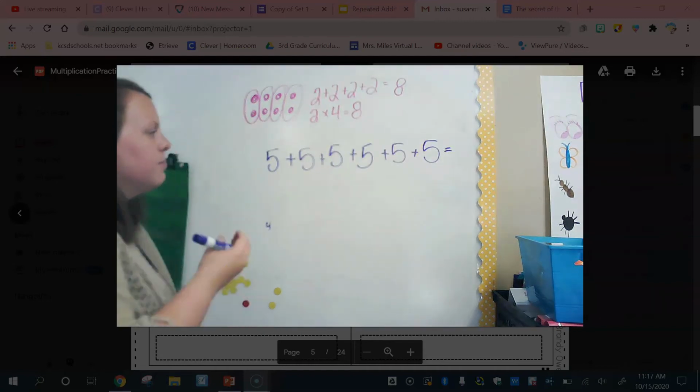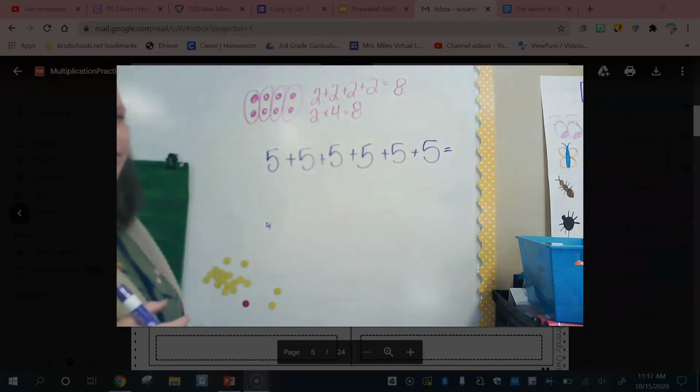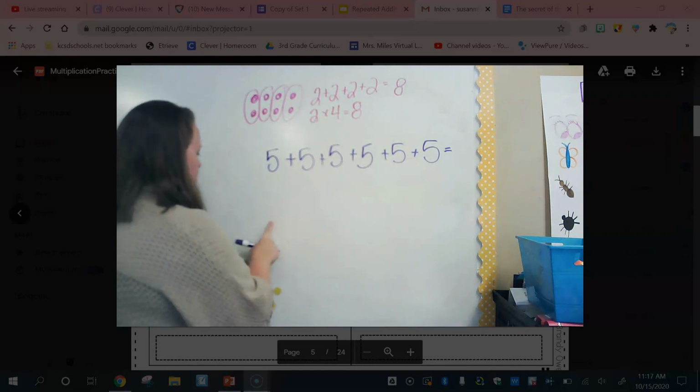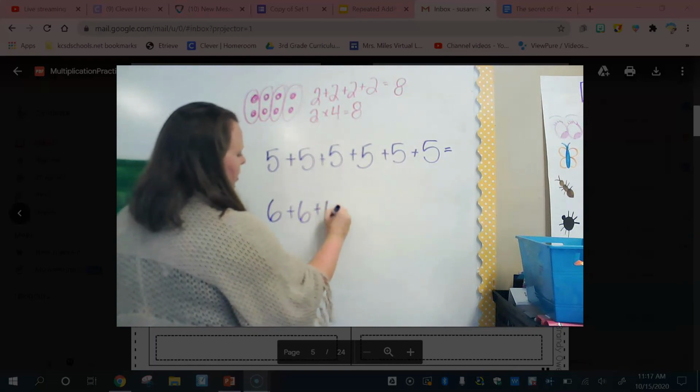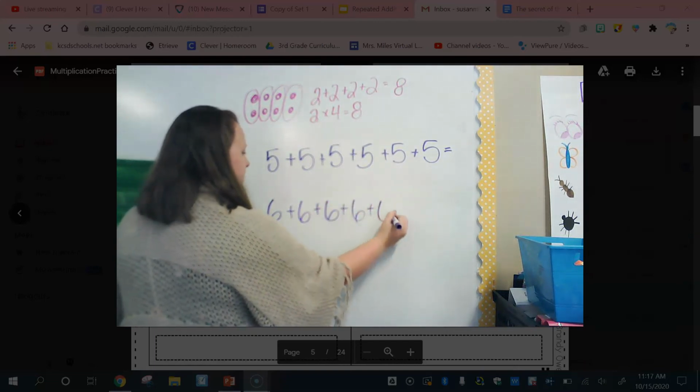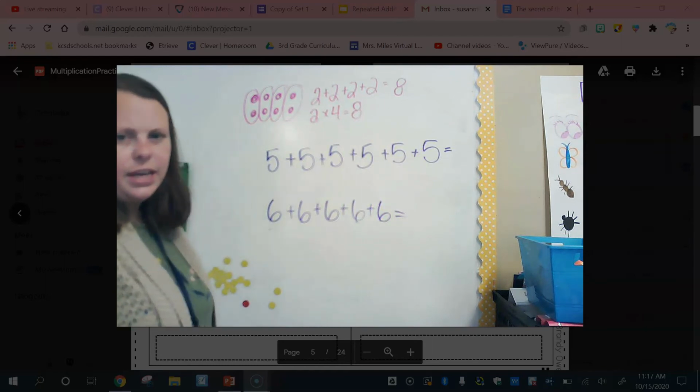Well, what if you say, Mrs. Miles, you had 5 dice with 6 in each, we need to count the dots? Okay, let's do that. So we do 6 5 times. 2, 3, 4, 5.